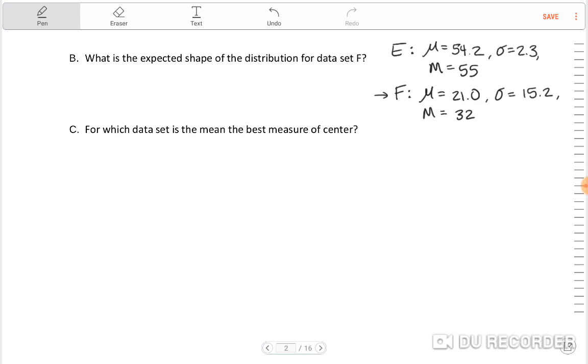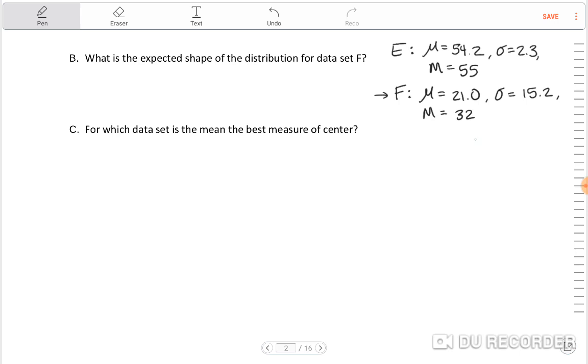What does that tell you about the shape? If the mean and the median are approximately the same, then you're looking at a symmetric distribution. If they are relatively different, then this is going to be a skewed distribution, right? So if I'm looking here at mean and median, 21 and 32, those are pretty different. Those are not the same.